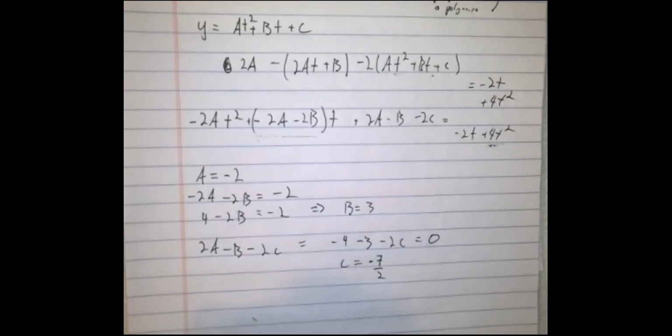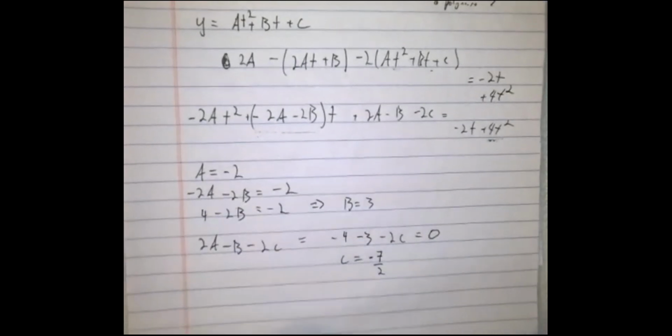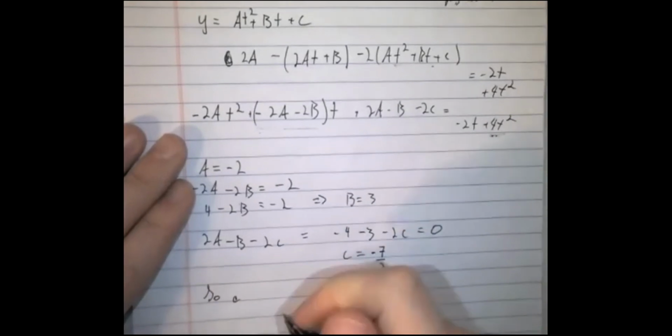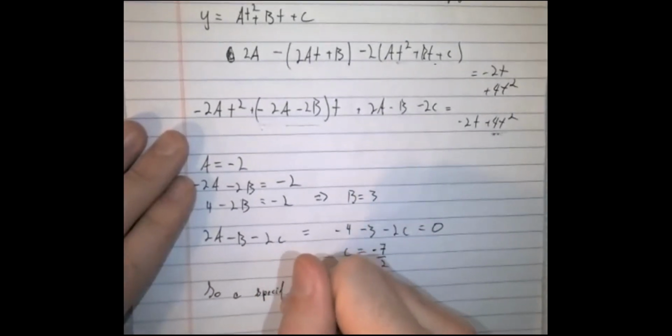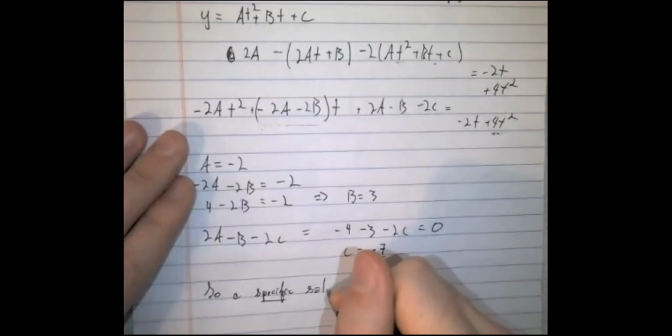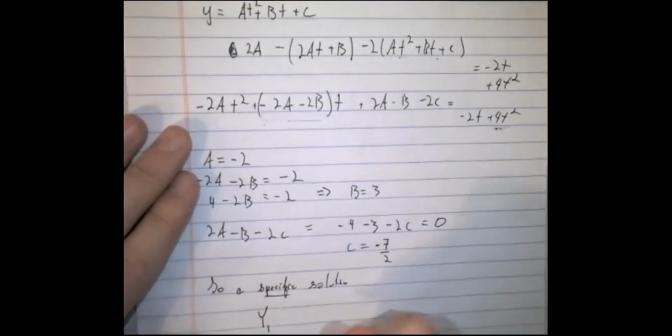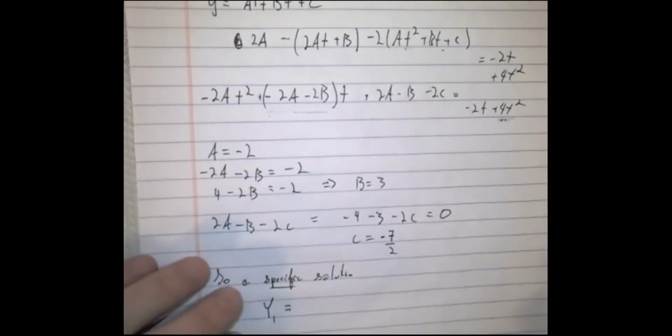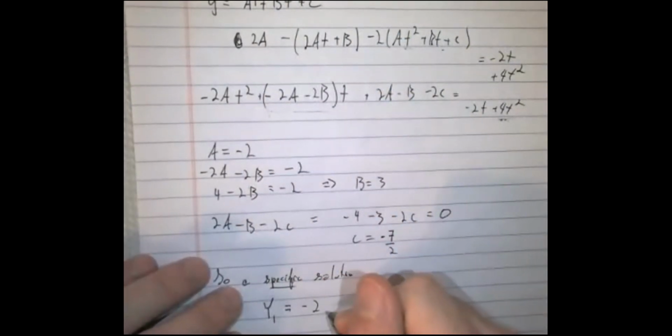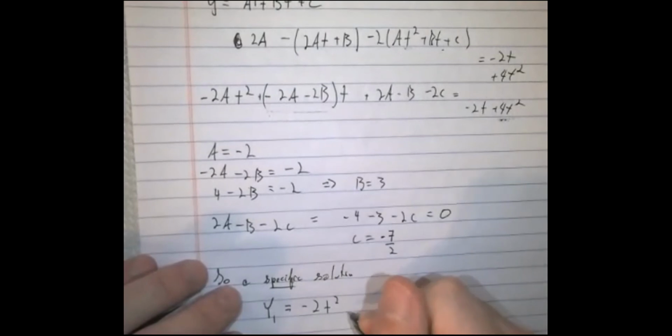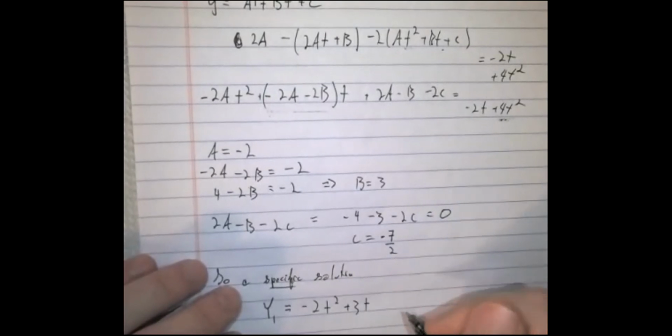Y'all in agreement? So a specific solution, I'll call it capital Y1, is equal to negative 2t squared plus 3t minus 7/2.